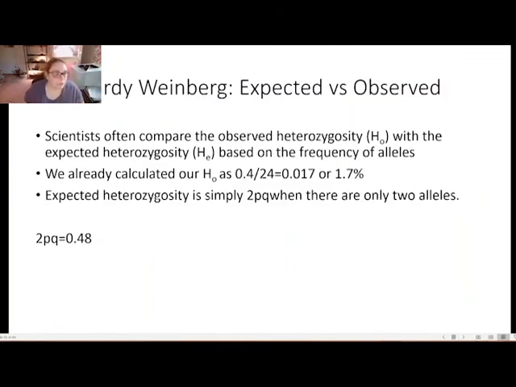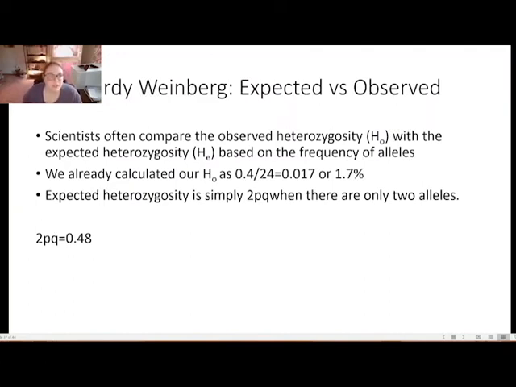So they can also tell us the difference between expected and observed heterozygosity. Because there are factors coming into play here, right? We're not in a vacuum. We do have outside factors happening. We can look at what we see and determine what it should have been without any of these other factors.